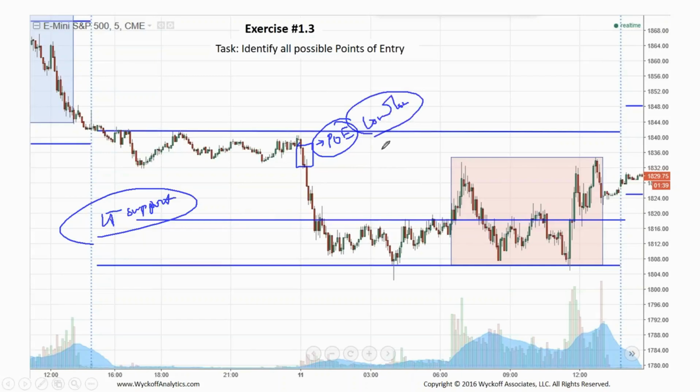Where is that effort coming from? We see that the boundaries were created by this action here and this action right here, coming in at 6:30. We just had this move to the touch of the support. So basically all of it is just a huge big support level right here. And we're coming out of that.